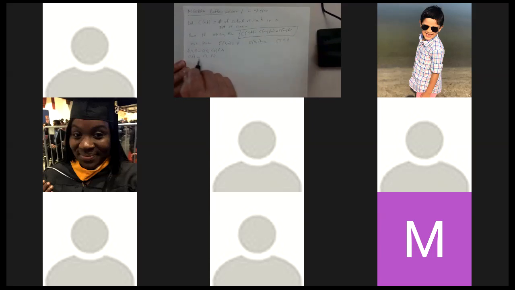If you have a set of size 2, there's only one subset of size 2. So C of 2, 2 is equal to 1. And what this formula says is 3 equals 2 plus 1. So that's reassuring. It looks like it might be true.